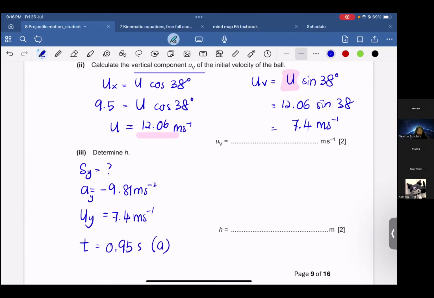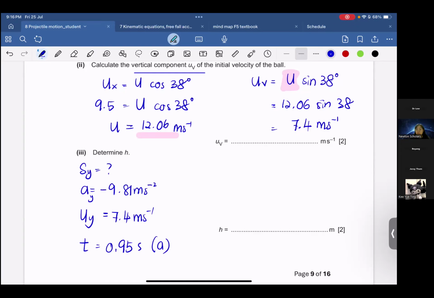Okay, what is your SY? Can you do the calculation right now? And then tell me your final answer. 2.62, correct?